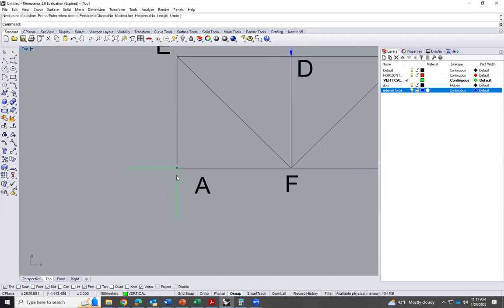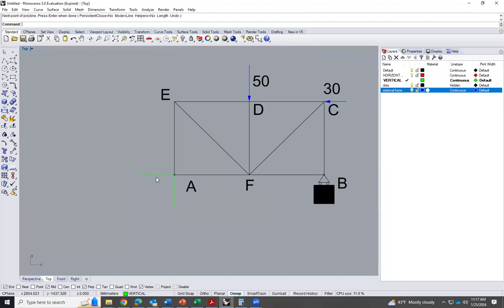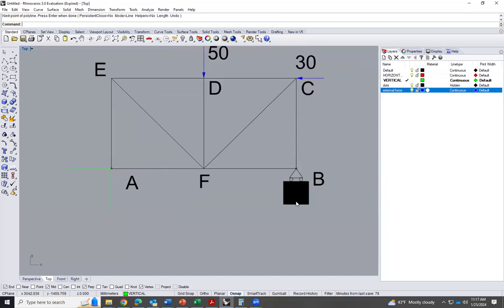Okay, so when we have a hinge, we have two constraints, one vertical and one horizontal. And if we have a roller, I can delete this, and the effect of this roller is just a vertical constraint. Now the thing is, does it go up or down, leftwards or rightwards?